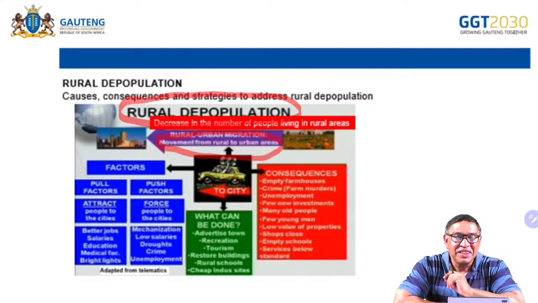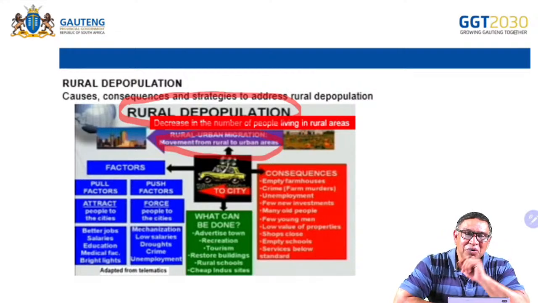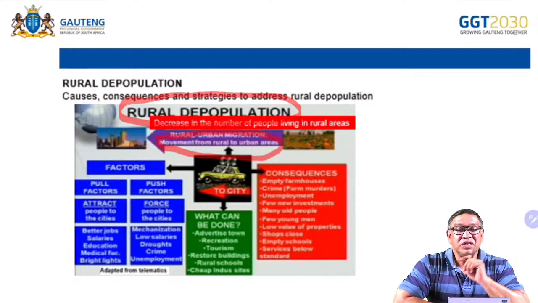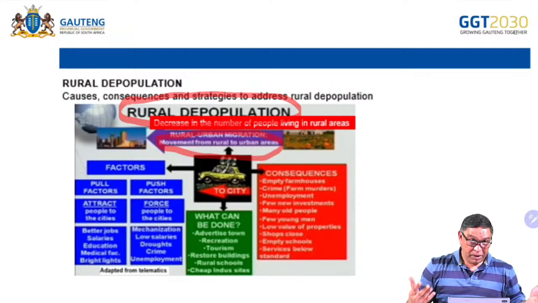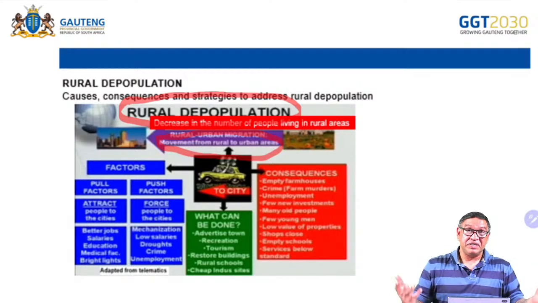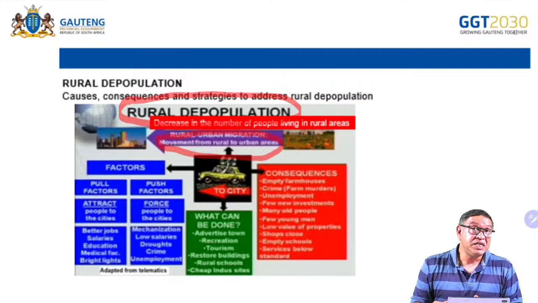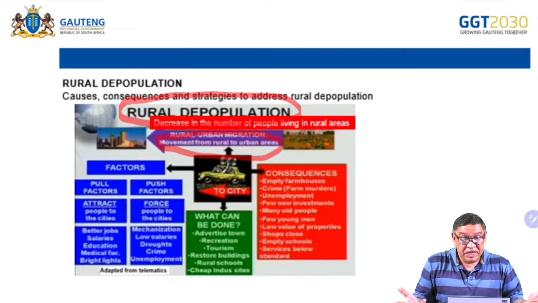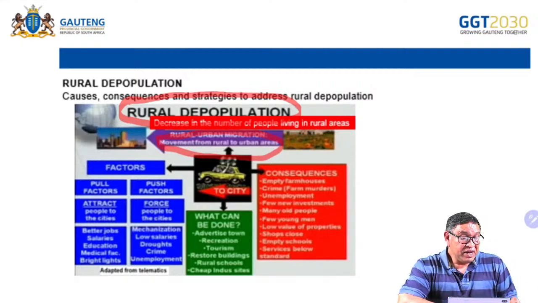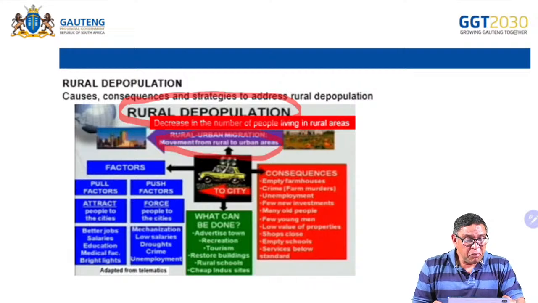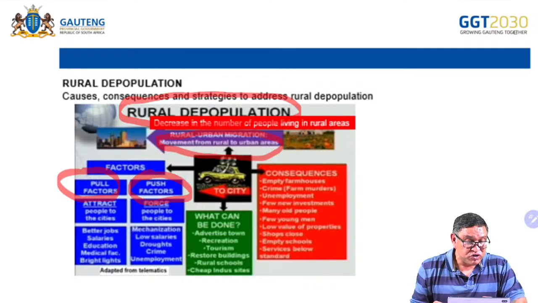But there's many other factors that you can look at that can cause rural depopulation, like a pandemic that spreads and people die and the population decreases, which is sadly happening in many places. All right, and of course you look at push factors and pull factors.